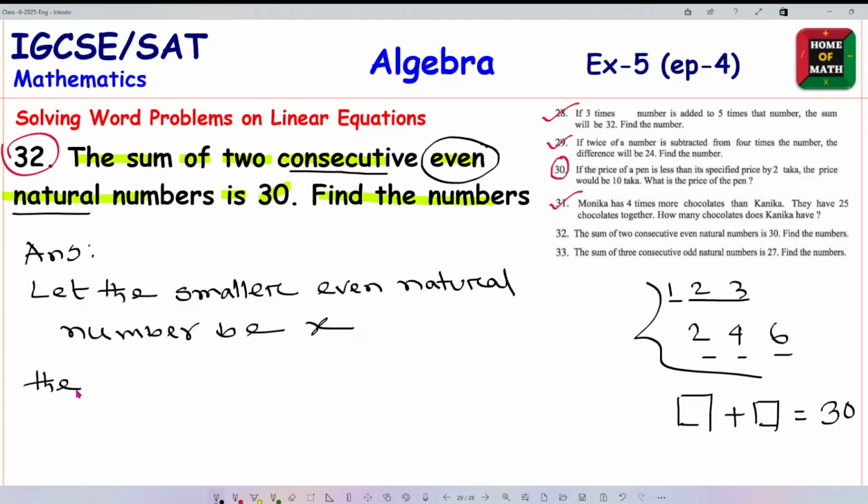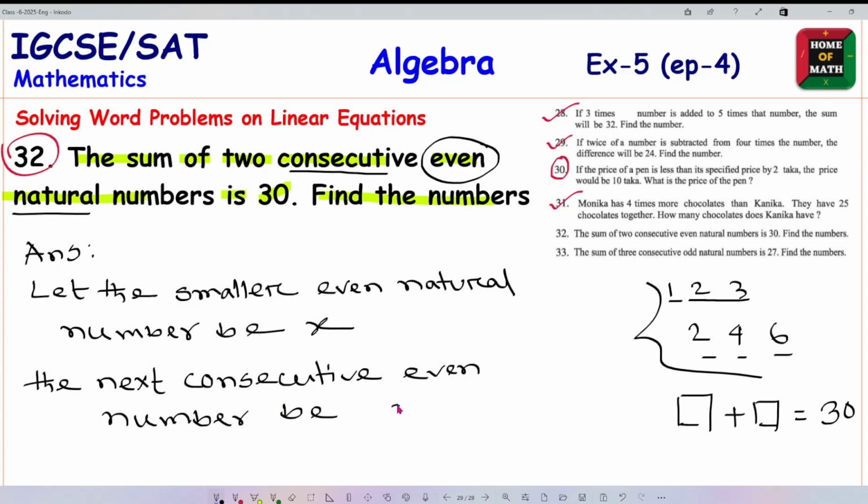Then the next consecutive even number will be x plus 2. Why 2?